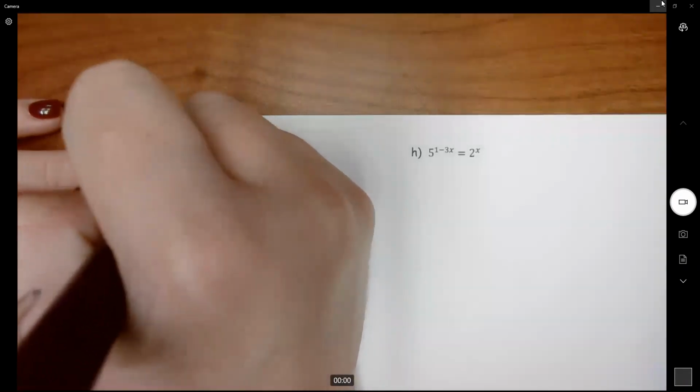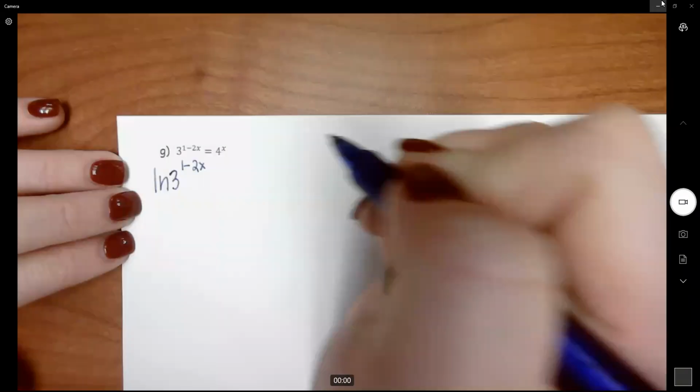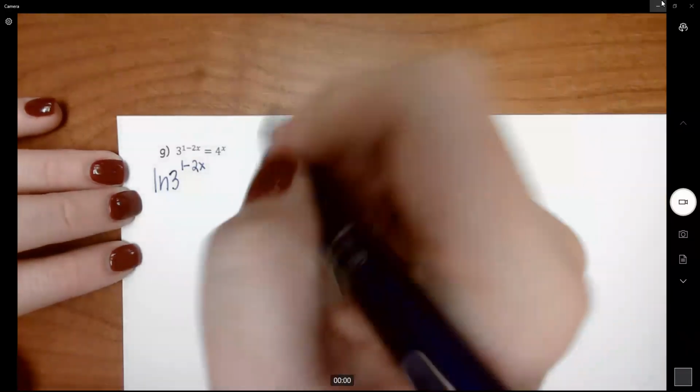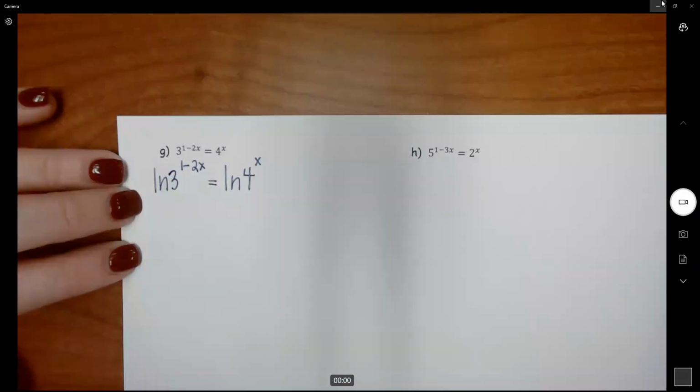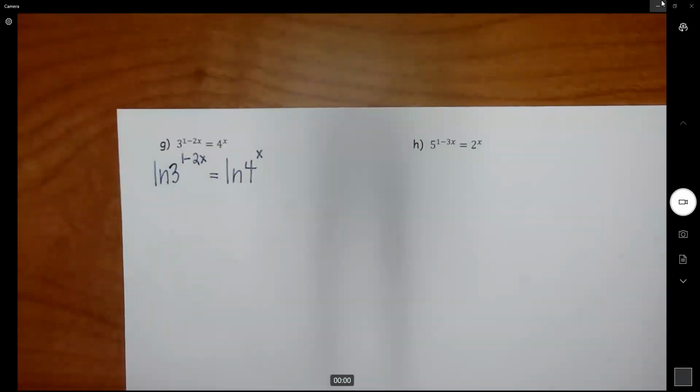I'm going to go natural log of 3 to the 1 minus 2x equals the natural log of 4 to the x power. Okay, we can also do common logs. It does not matter which one you want to do.